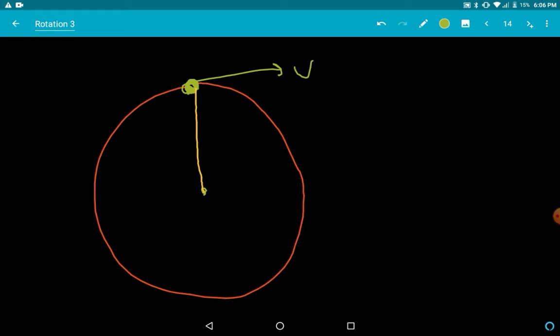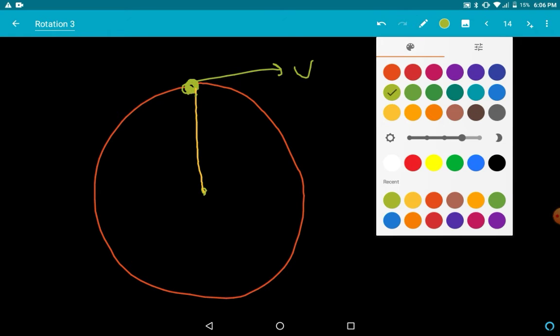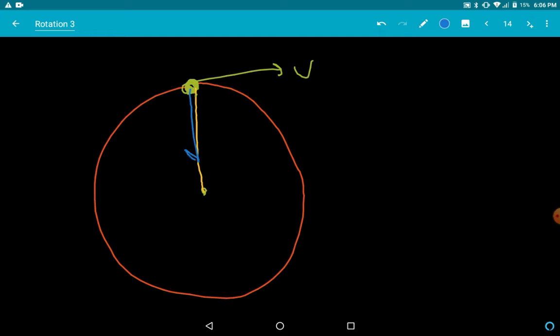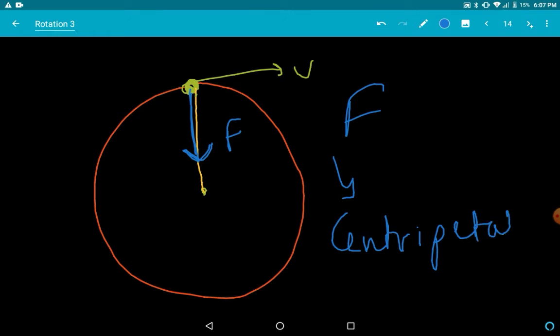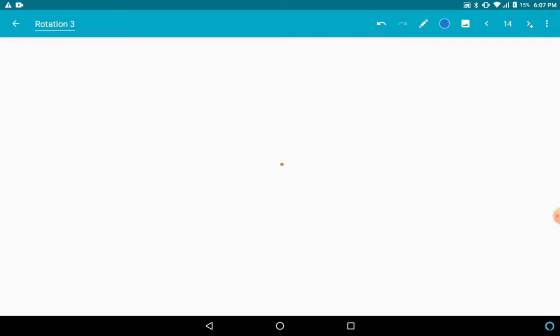So this body experiences a force in this direction, and this force is nothing but the centripetal force.